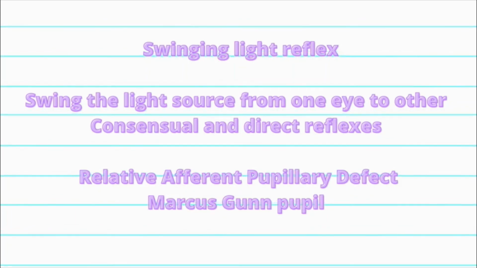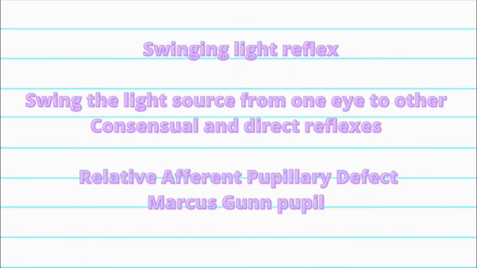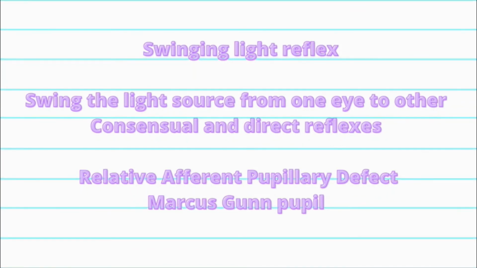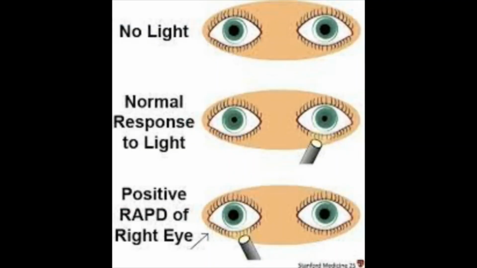When the pupil does not constrict adequately, then we can suspect what we call the relative afferent pupillary defect, or Marcus Gunn pupil, and that's an incomplete or partial lesion along the structures on the afferent pathway.